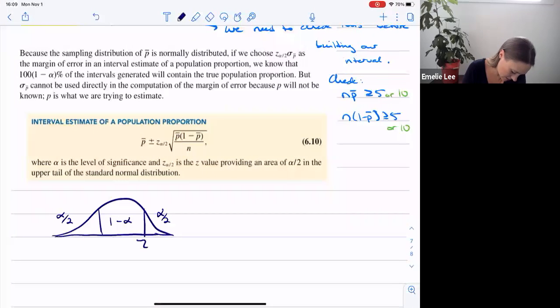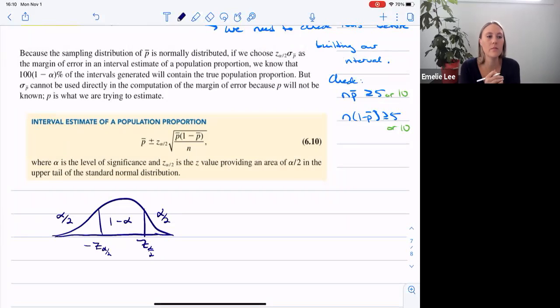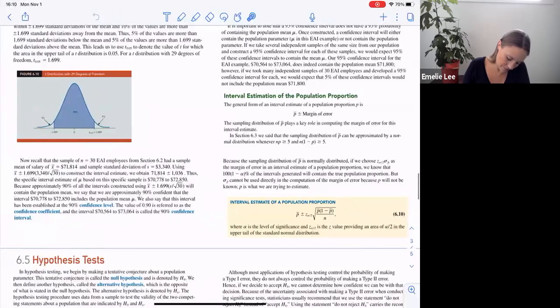So this is z alpha over 2, and this would be negative z alpha over 2. And then how we approximate the standard error for p bar is we take the square root of p bar times 1 minus p bar over n.